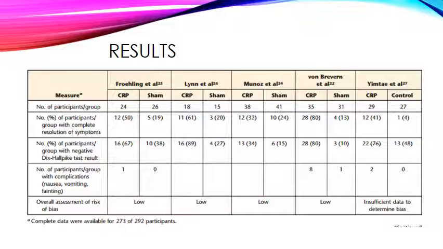In the third study, 32 participants had a complete resolution of symptoms, and 34% had a negative Dix-Hallpike test. In the fourth study, 80% had both complete resolution of symptoms and a negative Dix-Hallpike test. In the fifth study, 41% had complete resolution of symptoms, and 76% had a negative Dix-Hallpike test result after treatment.